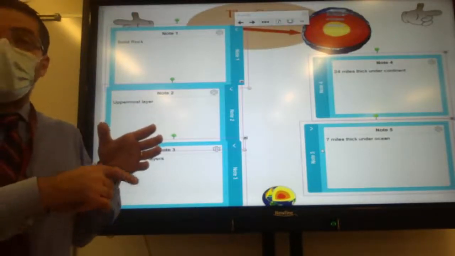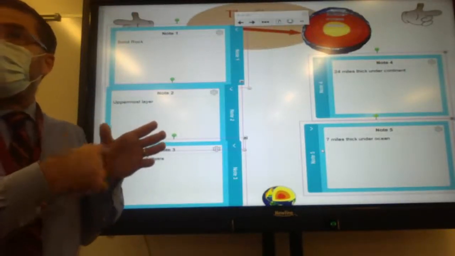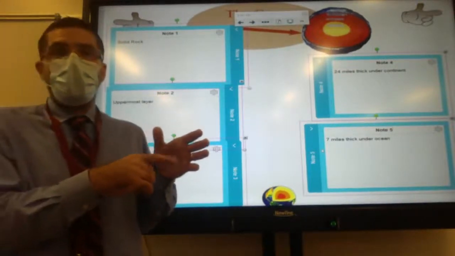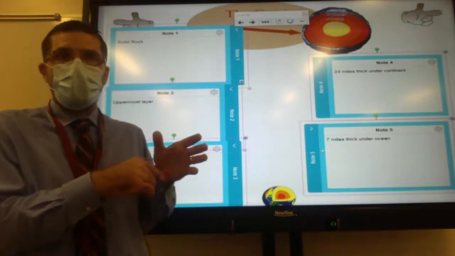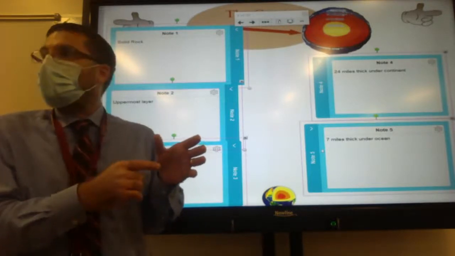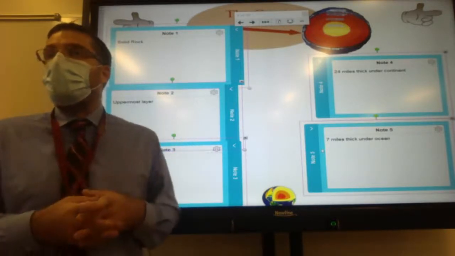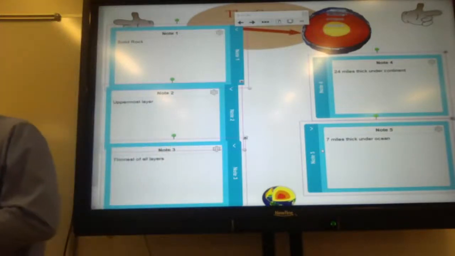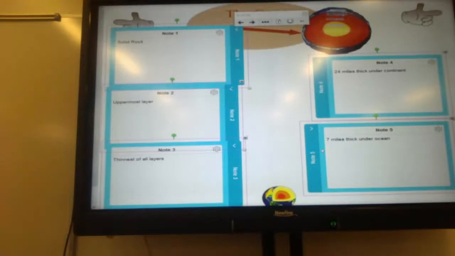That would be the mantle. And then the inner part where the seeds are would be called the, what do you call that in the center of the apple where the seeds are? Core. All right. And basically that would be a good representation of the size of the different layers of the planet. Now, the crust can be 24 miles up to 75 miles thick under the continents.